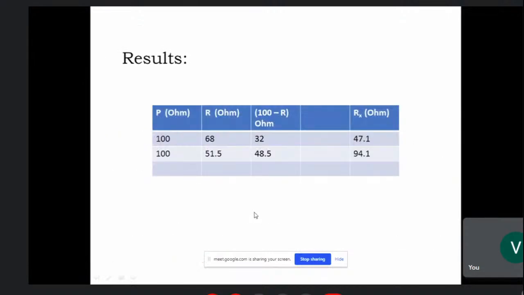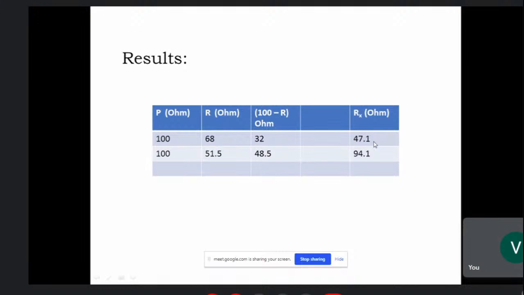And interestingly, we have got the result that when P is 100 ohm and Rx is 47 ohm, you get R as 68 and 100 minus R is 32. You can measure 68 ohm first, and 100 minus R is 32, and you will get 47.1.